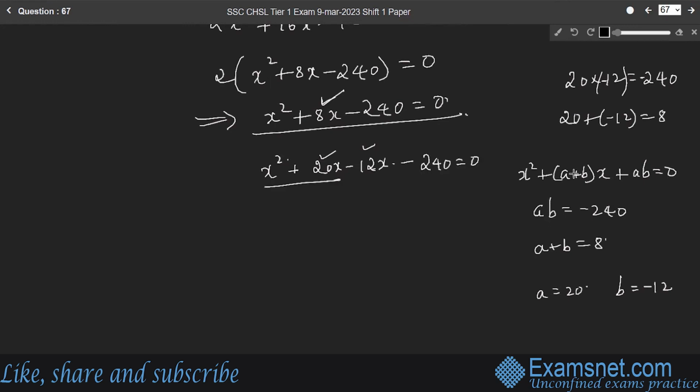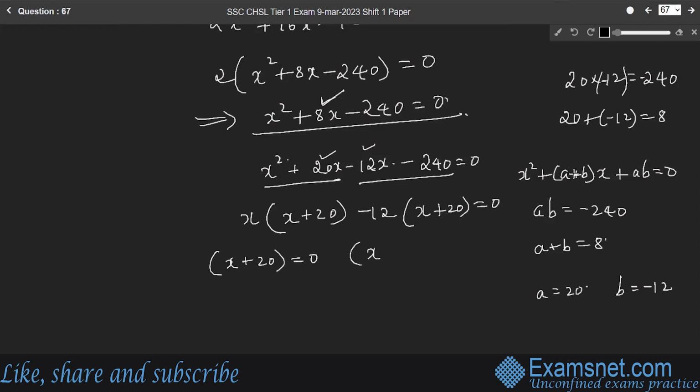Take first two terms where x is common into x plus 20, minus 12 is common in the last two terms into x plus 20 is equal to 0. Therefore, x plus 20 is equal to 0 or x minus 12 is equal to 0. Therefore, we have two values, x is minus 20 or x is equal to plus 12.